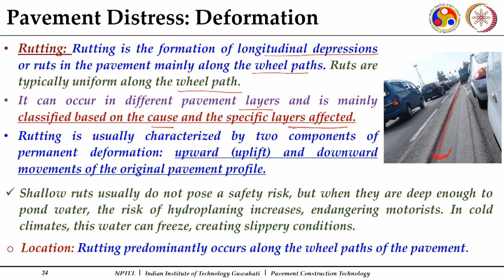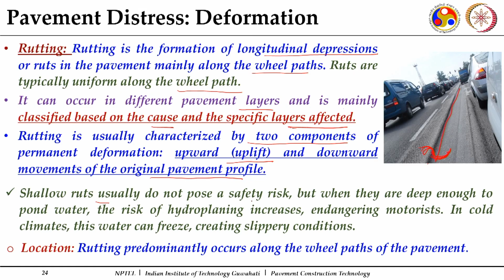So, I can call it subgrade rutting, or rutting of the granular courses, or rutting of your bituminous bound courses. The two ways in which it is characterized are the permanent deformation in terms of the upward uplift, this is the uplift which is happening, and the downward movement of the original surface, how much the downward movement is. On the basis of it, we can work out how this kind of deformation is happening in the different pavement courses.